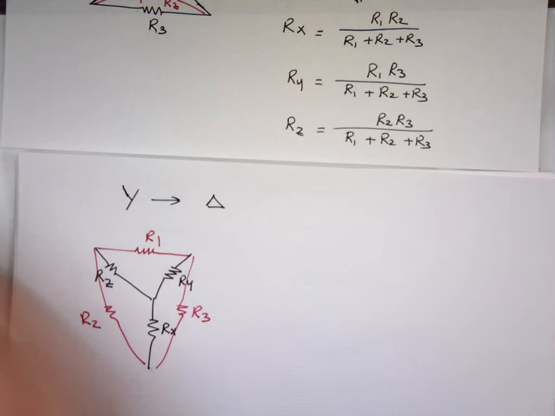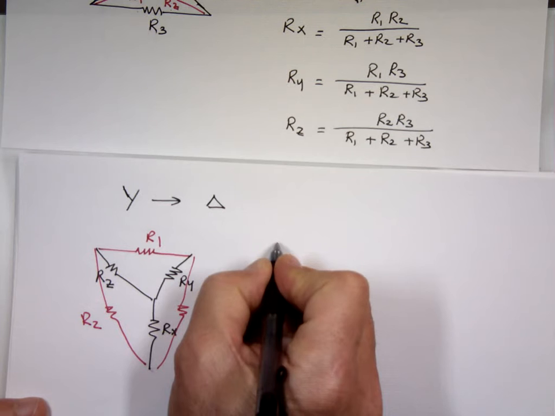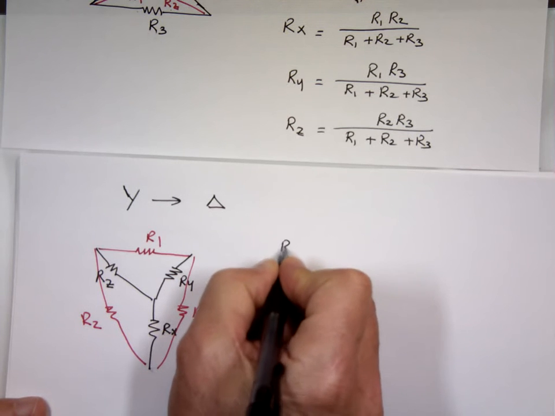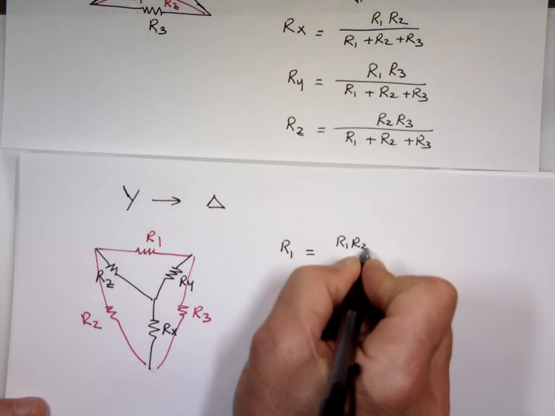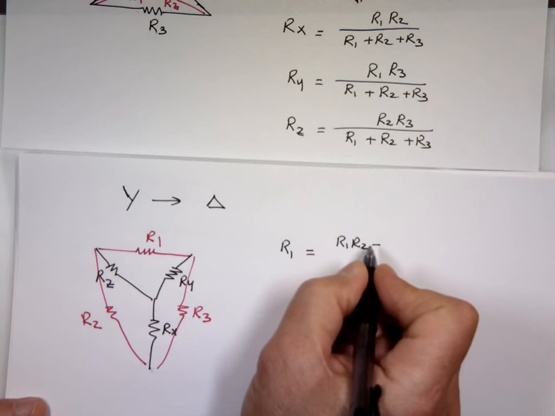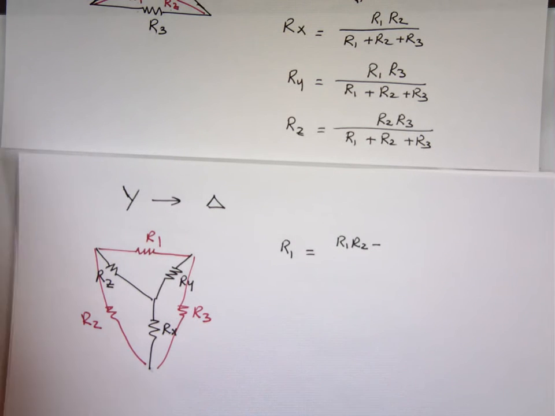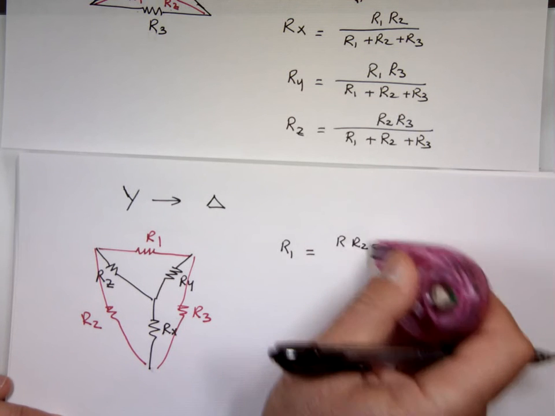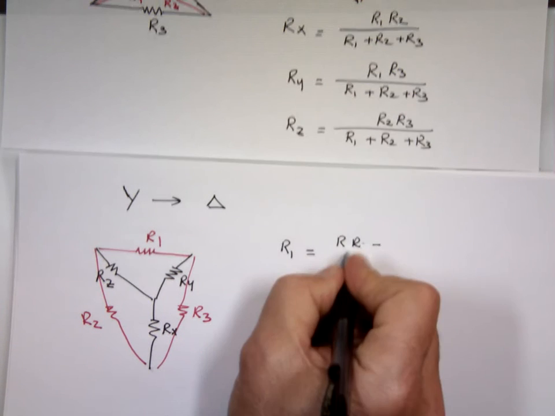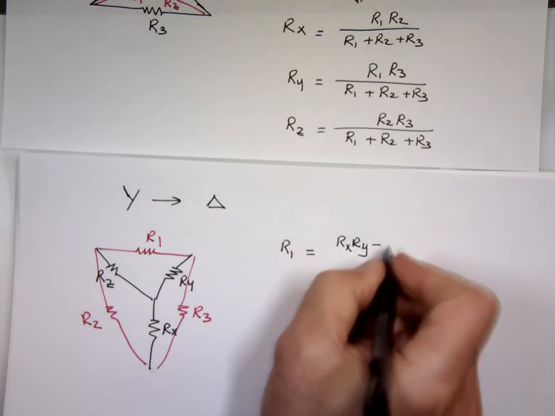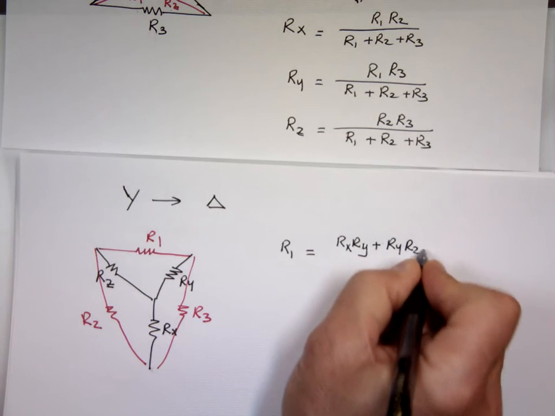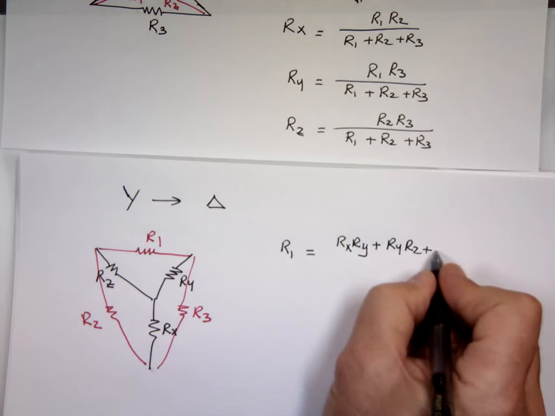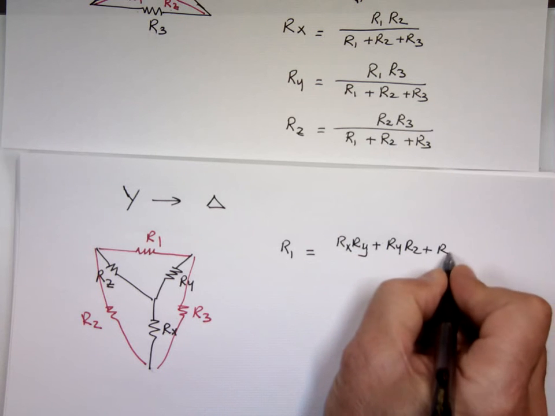Now, for this, the top is going to be the same for all of them. So for R1, the top is going to be Rx times Ry plus Ry times Rz plus Rx times Rz.